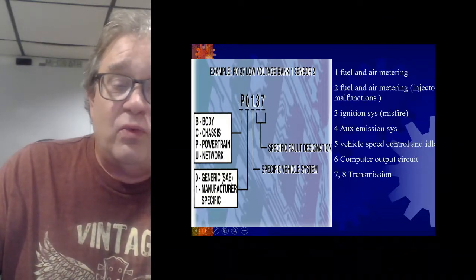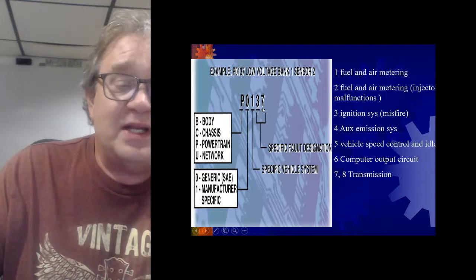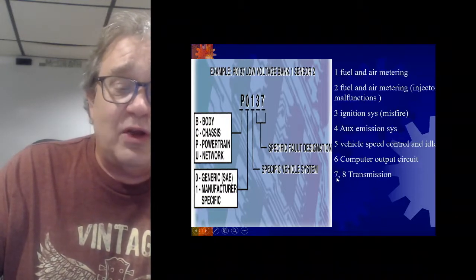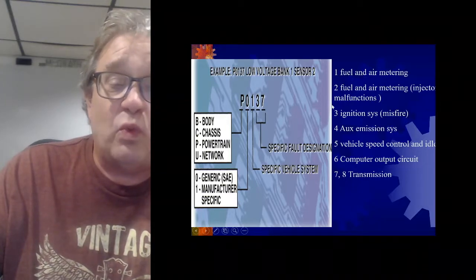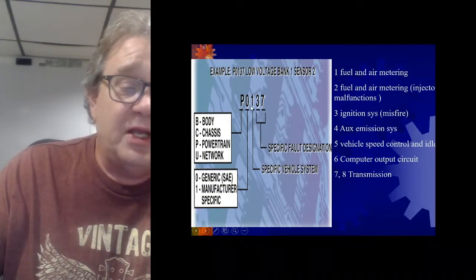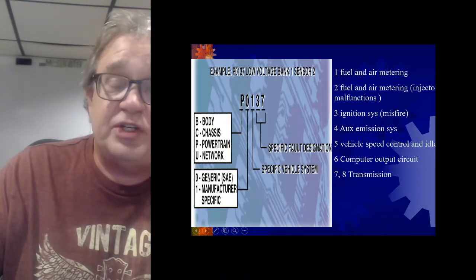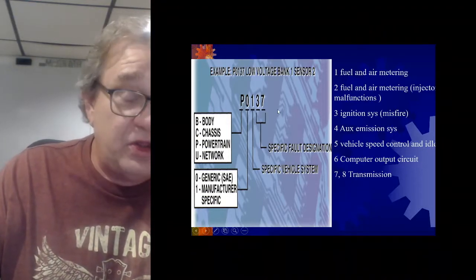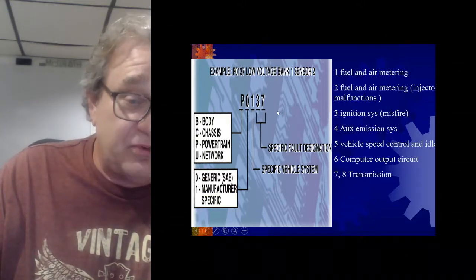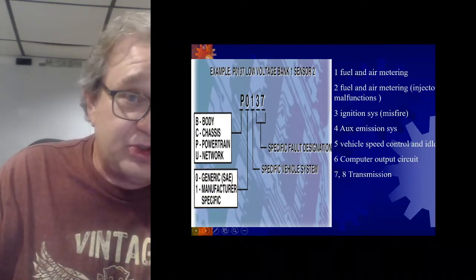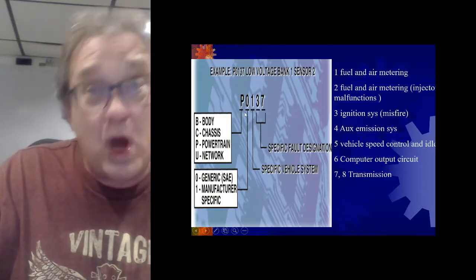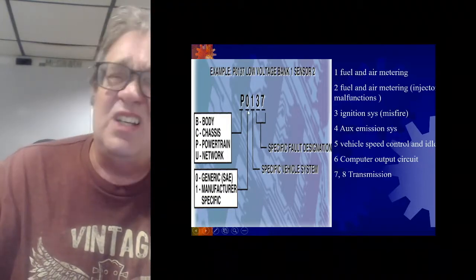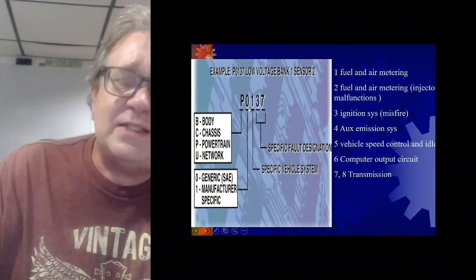So 137, a 3 and a 7 generally means specific vehicle system. A 1 is fuel and air metering. A P is powertrain, and a 0 is generic. If it was a P1137, that would be a different code. That would be a manufacturer-specific code, which doesn't need to be the same as a P0137. Get it? Gotta watch these numbers.